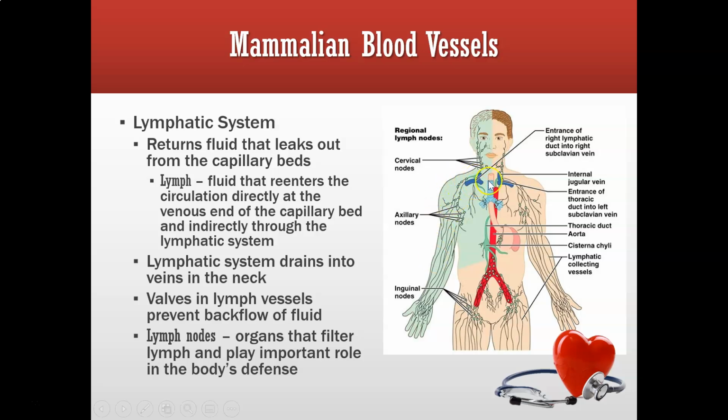And it often gets dumped back here into your subclavian vein, which empties into your vena cava and drains back into your heart. Okay. Just like your veins, however, there isn't a whole lot of pressure in these lymphatic ducts, these lymphatic vessels, and so they also have valves, just like those veins do, as a way to keep that fluid moving so that it gets back into circulation rather than getting stuck somewhere in your body and causing that particular body part to swell up.